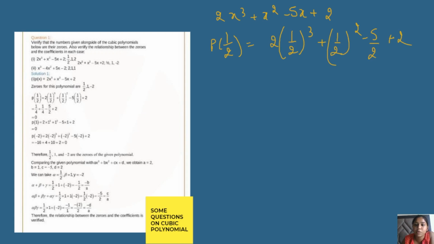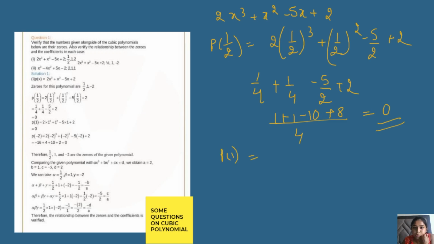Cancel this out, and we will be getting 1 by 4 plus 1 by 4 minus 5 by 2 plus 2, right? Just take the LCM and solve them. So we will be getting 0. Yes, 1 by 2 is a zero of the polynomial.